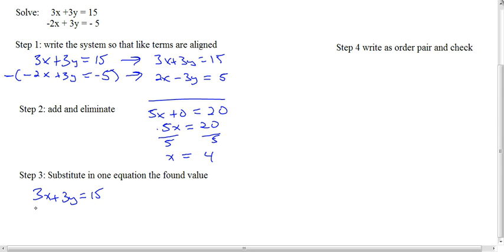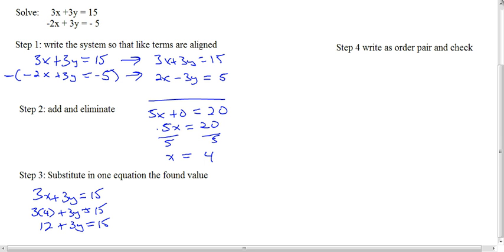Substituting gives 3 times 4 plus 3y is equal to 15. That's 12 plus 3y is equal to 15.